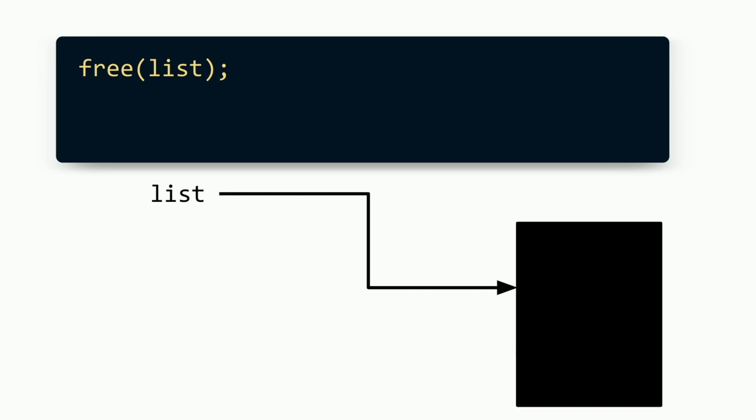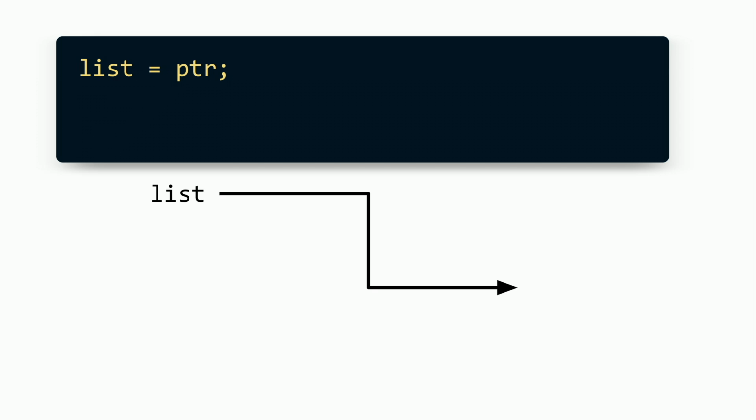And then now that we free list, we get rid of our last element, and then we technically still need to repoint, right? Like we still need to reassign list, to assign list the address that was stored in PTR. In this case, it is null, so we can conclude that the operation was successful and we've reached the end of the linked list, so therefore we freed all the memory, right?